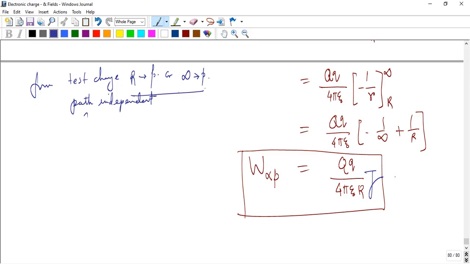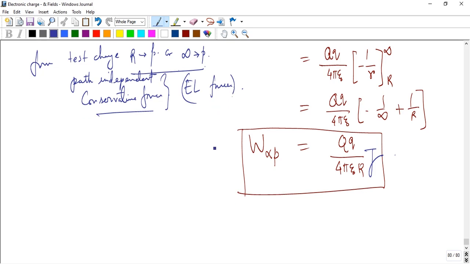Path independent means conservative force. So the electrostatic force is a conservative force, meaning path independent.